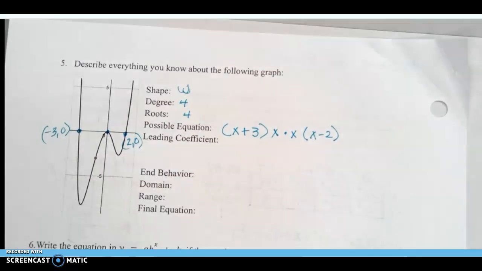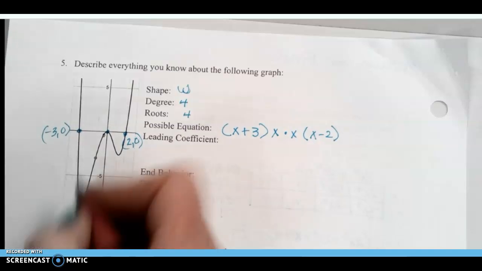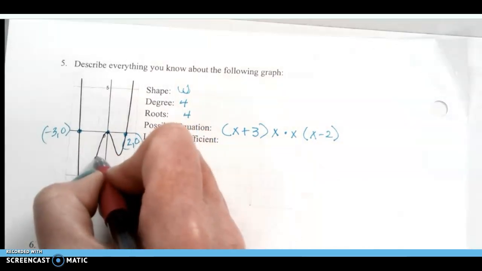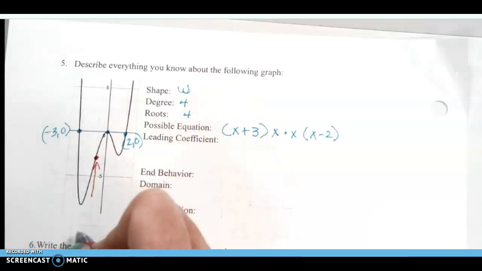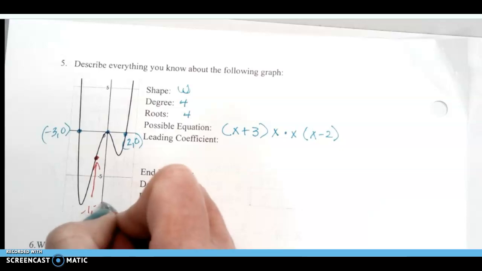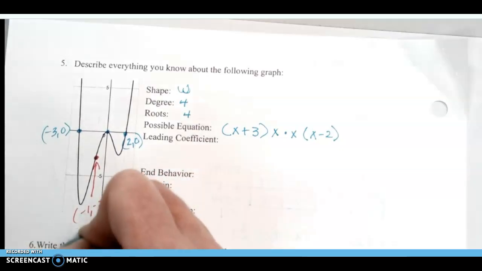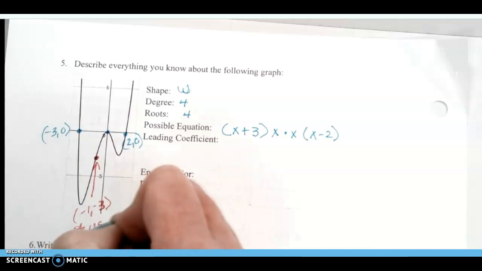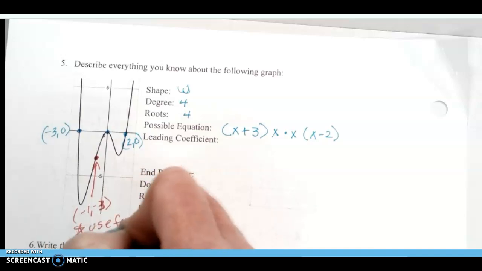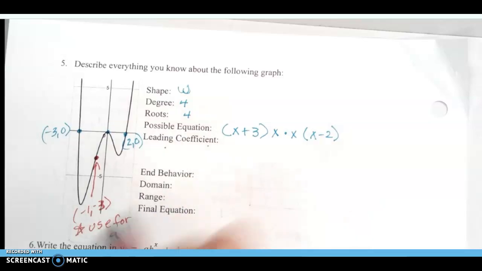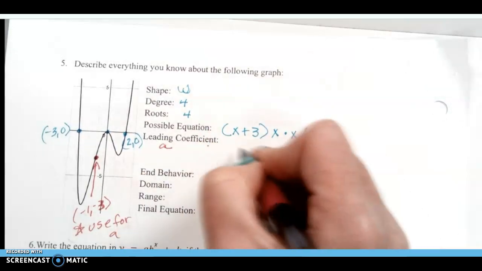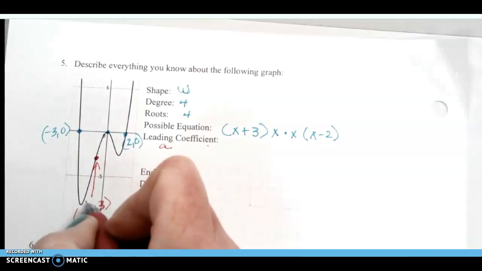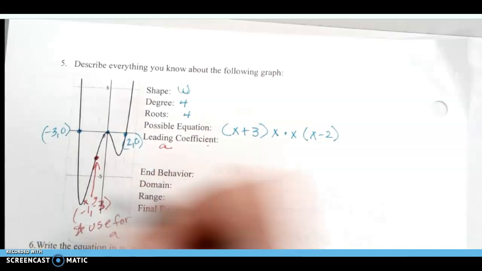To find the leading coefficient, we need to use another point, not on the x-axis, and we have one right here. It is at (-1, -3). So we're going to use that to find our a. That will get us our leading coefficient, which is our variable a. So let's take this number in for x, this number in for y.